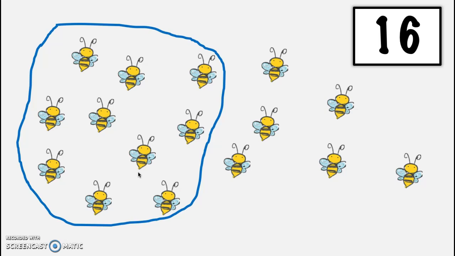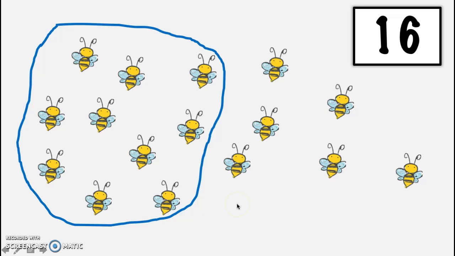Okay, so who can tell me, looking at your picture and looking at my picture, why is circling 10 helpful when we draw a random picture to model a teen number? Yeah, because it shows the group of 10. Remember, 16 is 10, 6. 1, 2, 3, 4, 5, 6.